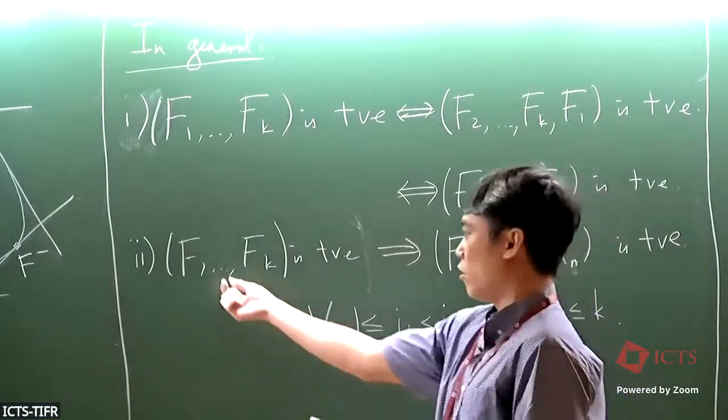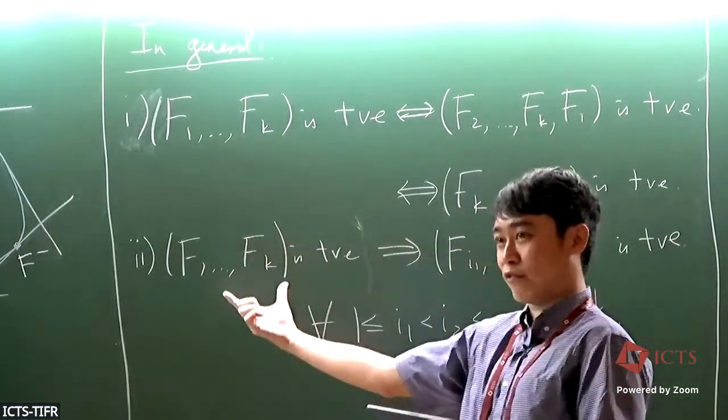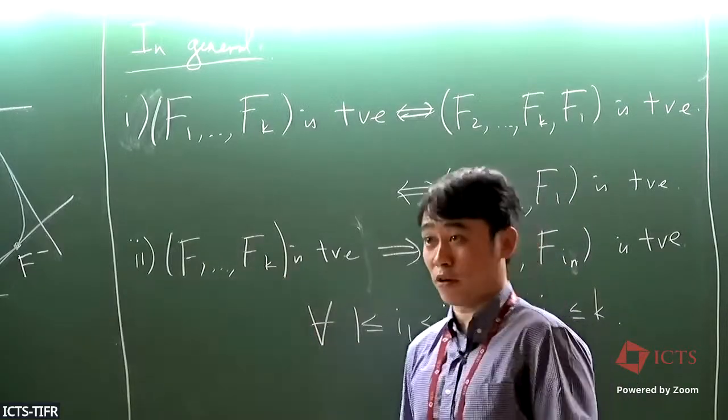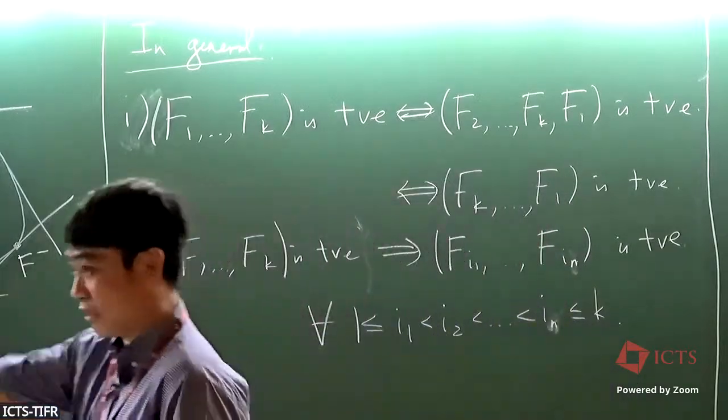So if you just remove a few flags from your tuple and you look at what's left, that's still positive. Again, clear in these two examples.